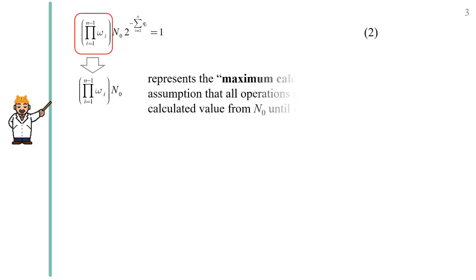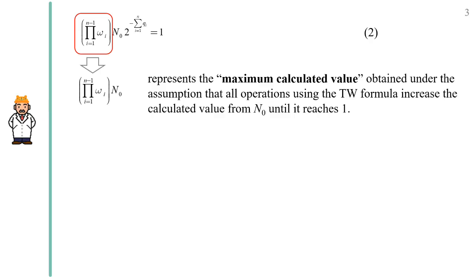When the calculated value reaches 1, that is, when the odd number h sub n equals 1, the Collatz rope tightrope walking formula is expressed as follows. The term on the left-hand side represents the maximum calculated value obtained under the assumption that all operations using the TW formula increase the calculated value from n sub 0 until it reaches 1.